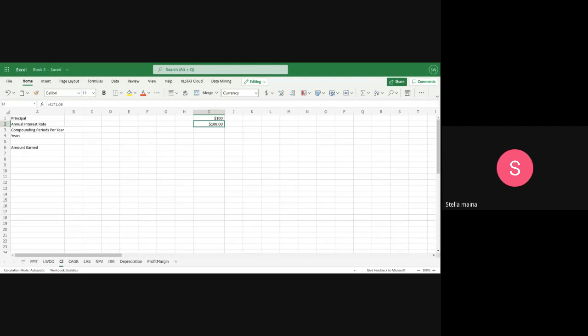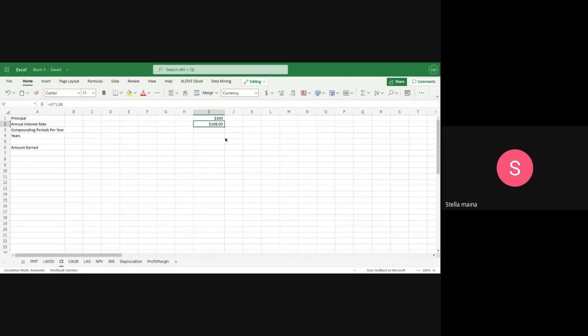So what if you're told, according to compound interest, how much will your investment be after 2 years with an annual interest rate of still 8%?